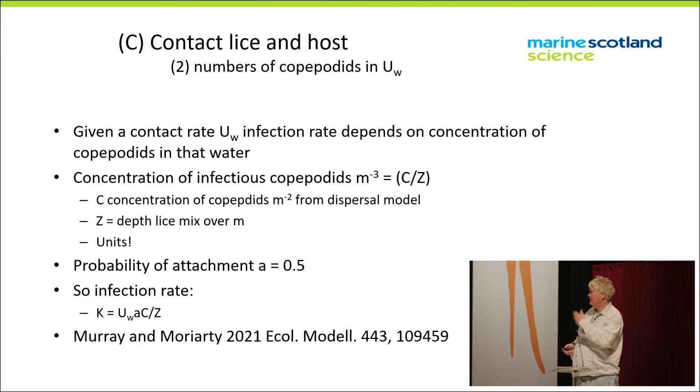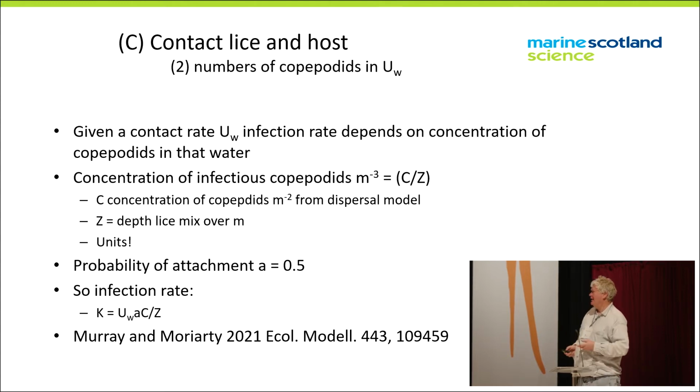So we then have to multiply this contact rate by the concentration, which has to be divided by a depth factor of Z, which is the depth at which the bulk of the lice are distributed, to make a concentration per meter cubed. And then of course there's all sorts of conversion of units because some things have been dealt with in centimeters per second and others in meters squared per day.